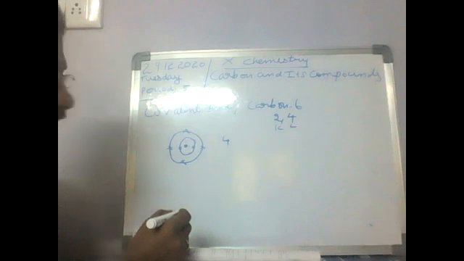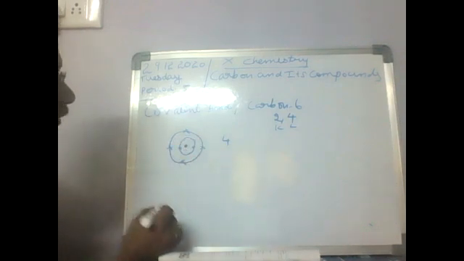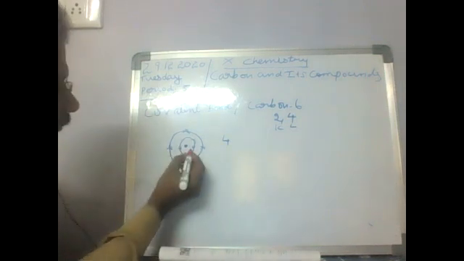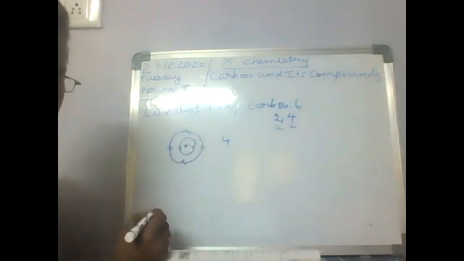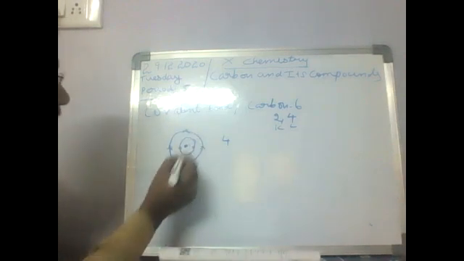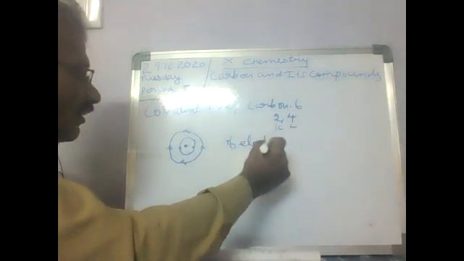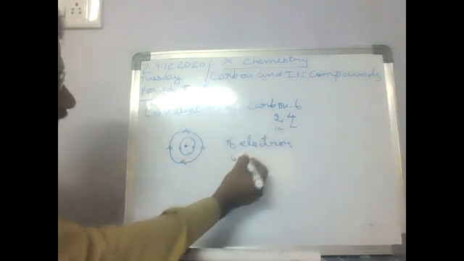But in the case of carbon, it is not possible to give out four electrons, because removing these four electrons from the orbit is very difficult. There are six electrons in the orbits and six protons in the nucleus.